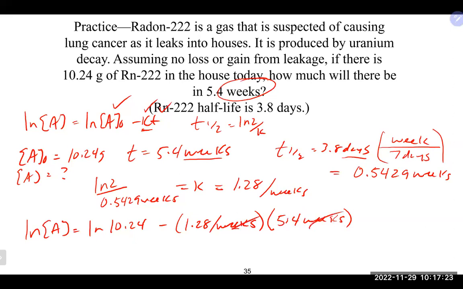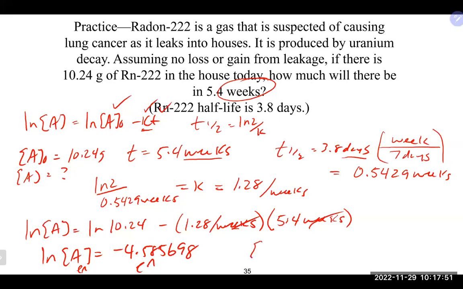The weeks should cancel, and that will get me the natural log of 10.24 minus 1.28 times 5.4. Going to give me the natural log of A equals minus 4.585698.